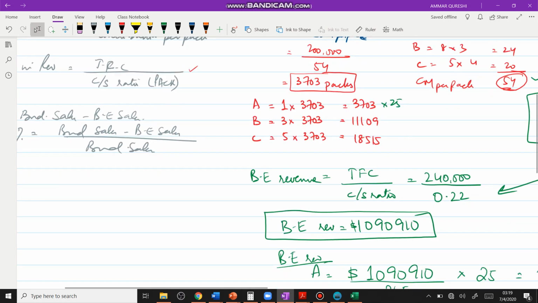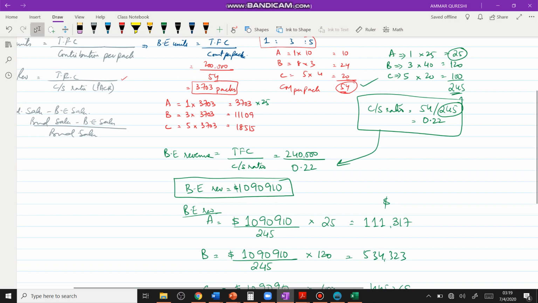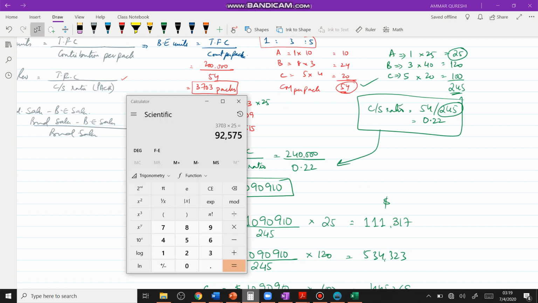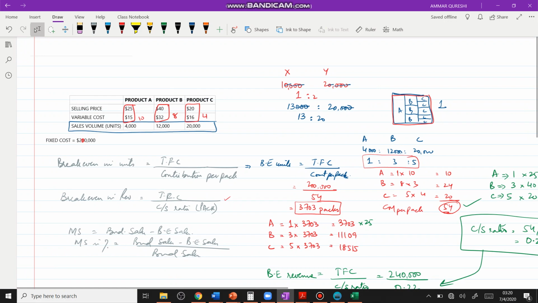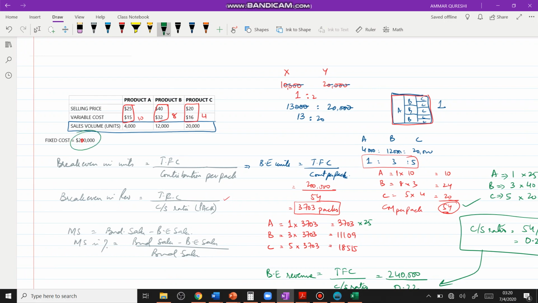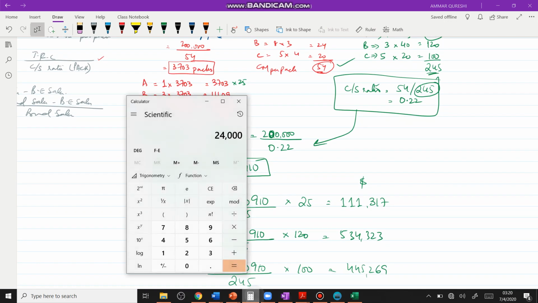So, sorry, this is not right. Oh, sorry. We made the fixed cost 200,000. That's why it's incorrect.